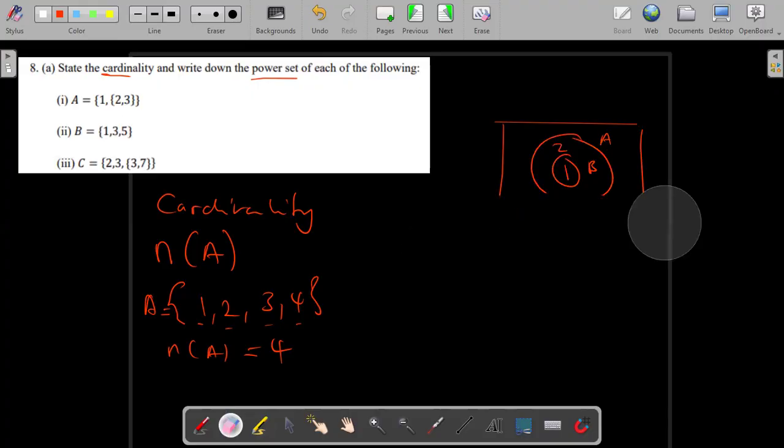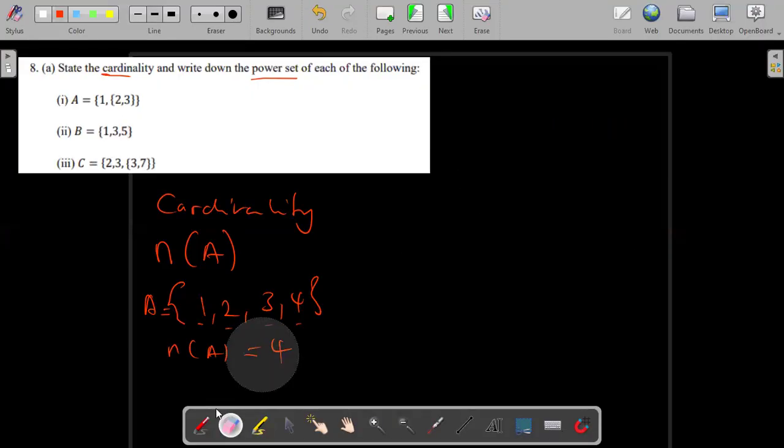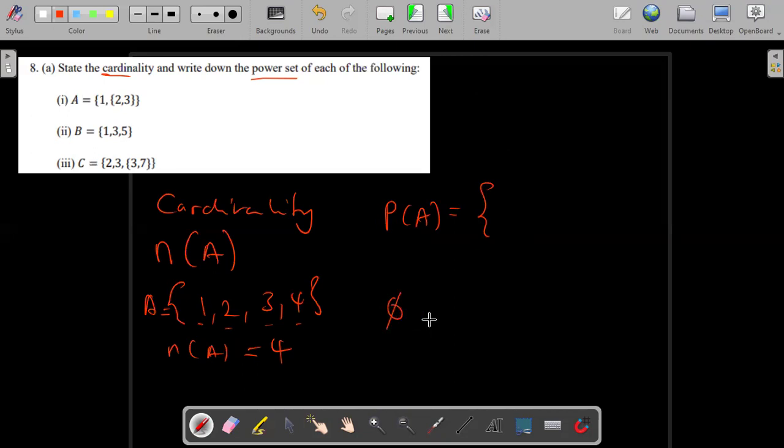So now let me check all possible subsets. Let me list for this A here, what are going to be all the possible subsets, including the empty set. Okay, first let me list down the subsets themselves. So I have the empty set, then I have {1, 2, 3, 4}, which is the set itself.